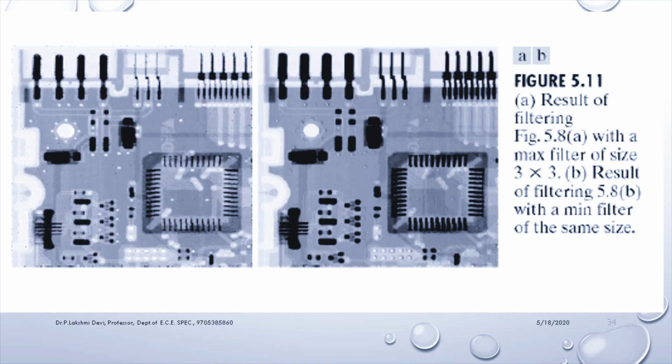We can also observe that all the thicknesses are reduced in the max filter, and here the thicknesses are increased. That means the black portion, wherever it appears, becomes thick in the case of min filters, while spots appear improved in the case of max filters.